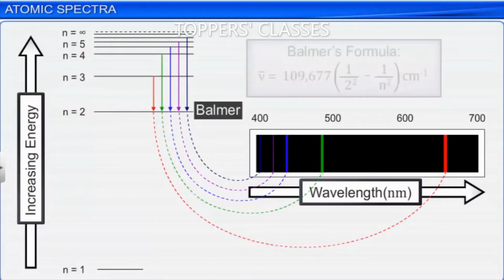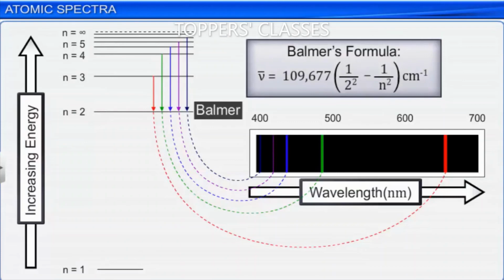Balmer showed that if spectral lines are expressed in terms of wave number, then the visible lines of the hydrogen spectrum obey the formula wave number, nu bar, equal to 109,677 multiplied by (1/2² minus 1/n²) per centimeter. Here, n is an integer equal to 3, 4, 5, etc.